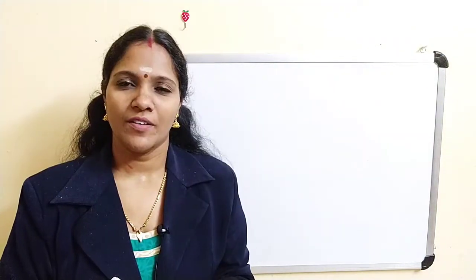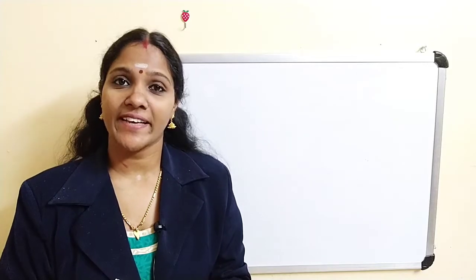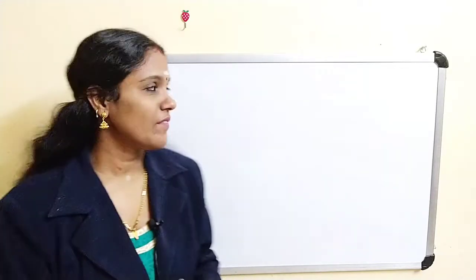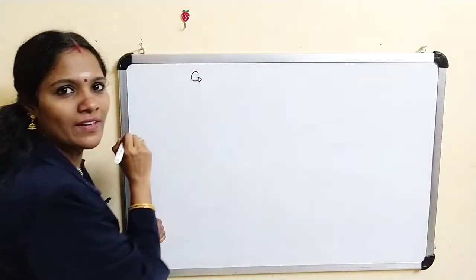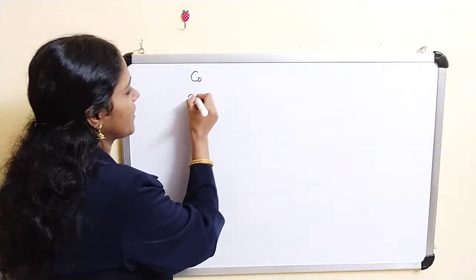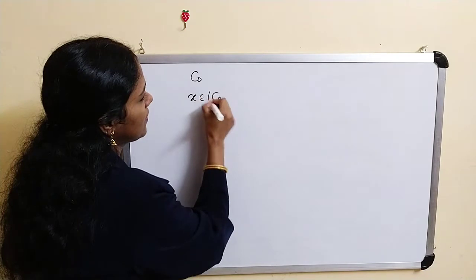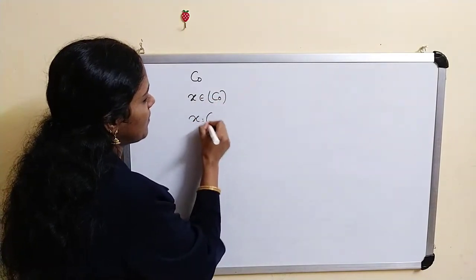Okay. Now moving to the next section, examples of dual space. We have already discussed linear functionals on C0. For any x belonging to C0, suppose x is equal to some (a_i).